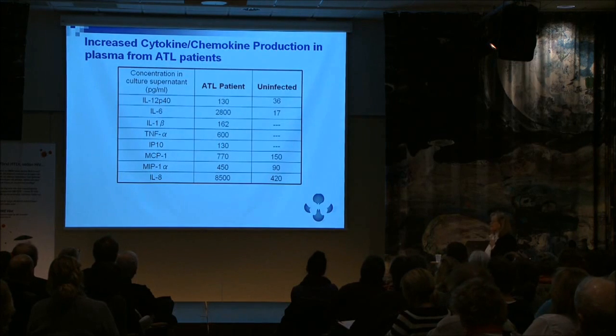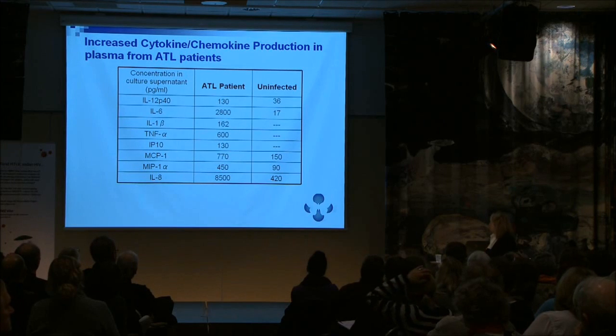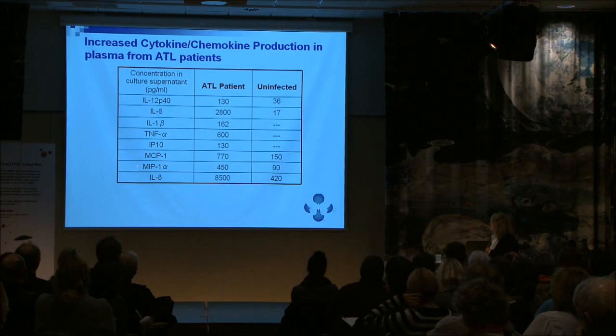So we were thinking about the inflammation signature and other ways to identify XMRV-infected patients. So we knew from Frank Persetti and Kathy Jones' work that they had found an increased inflammatory cytokine and chemokine production in the plasma from ATL patients.